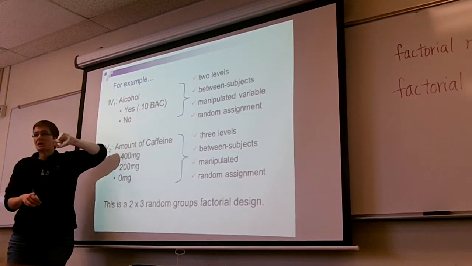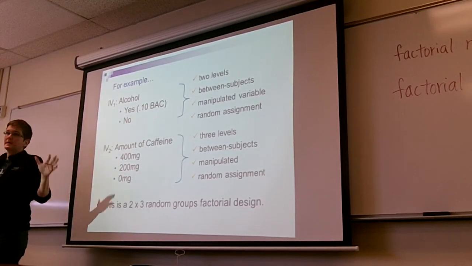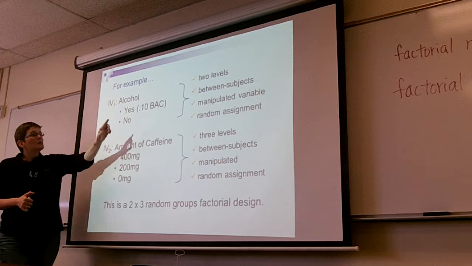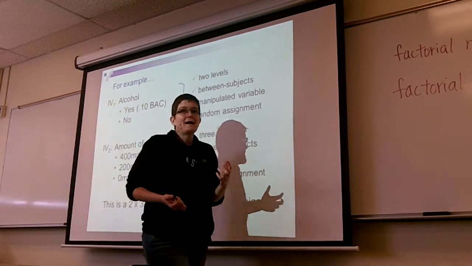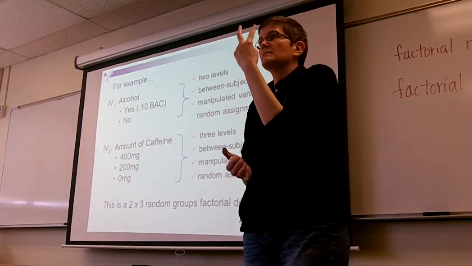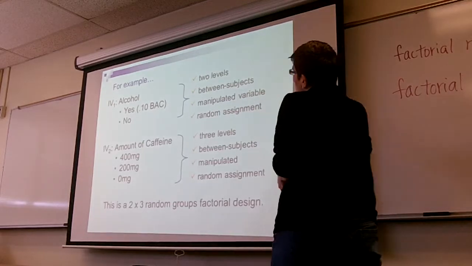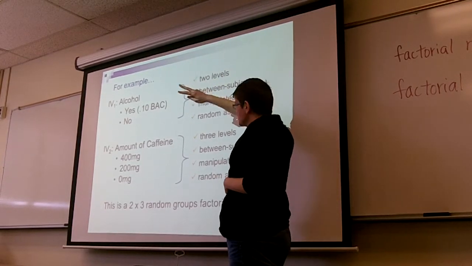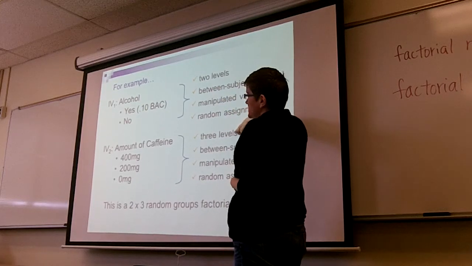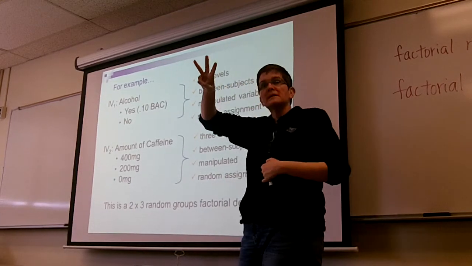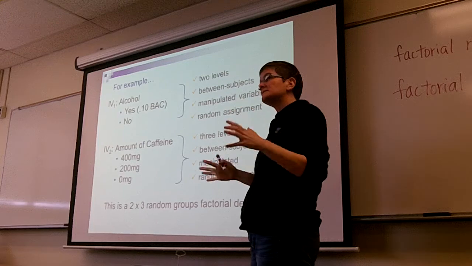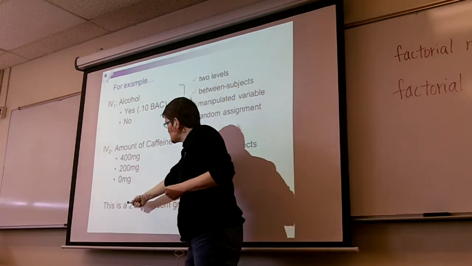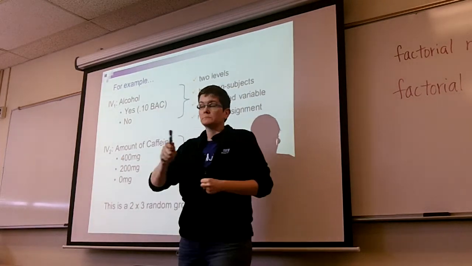And now let's talk about the notation and the design. Okay. So how many IVs do I have? Two. Okay. How many levels does the first one have? Two. How many levels does the second one have? Three. Okay. So the notation for this study is a 2 by 3.